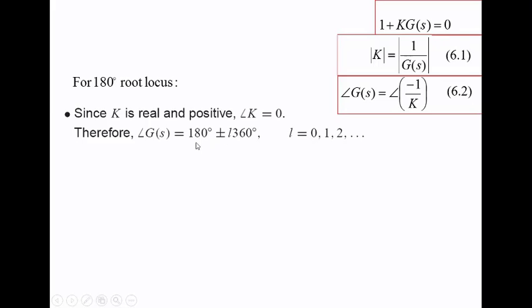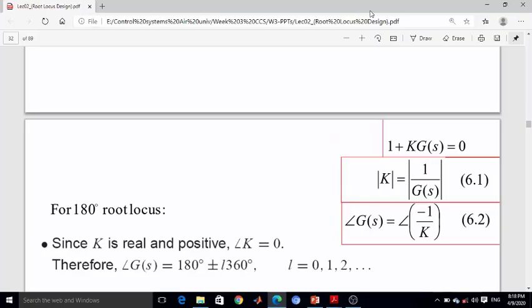And why do we write this 180 degrees? Because we have a minus here. When we have a minus here, the angle of minus is actually represented by 180 degrees. In order to show why this is 180 degrees, we will consider 1 plus kg of s equals 0.